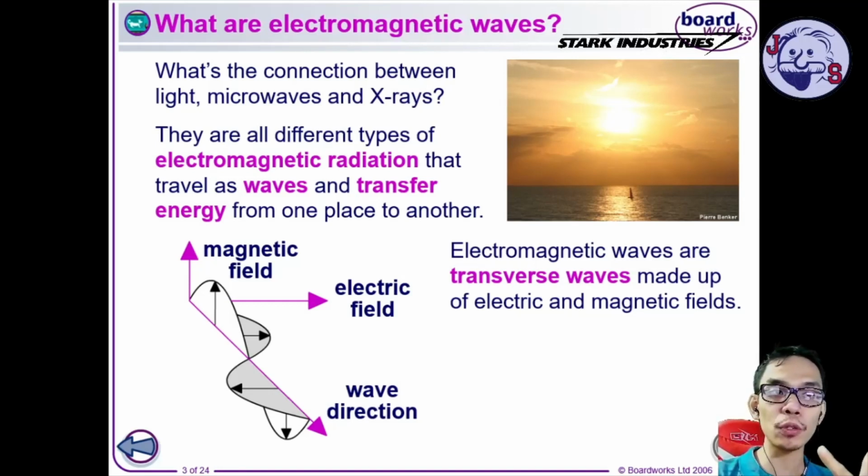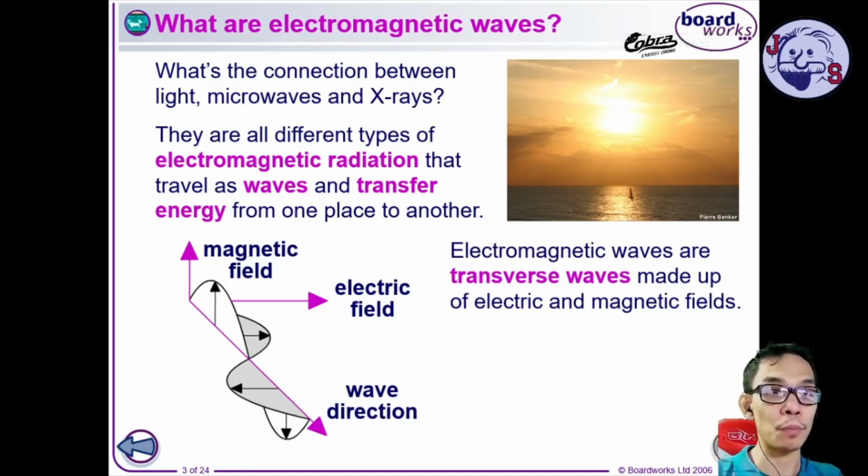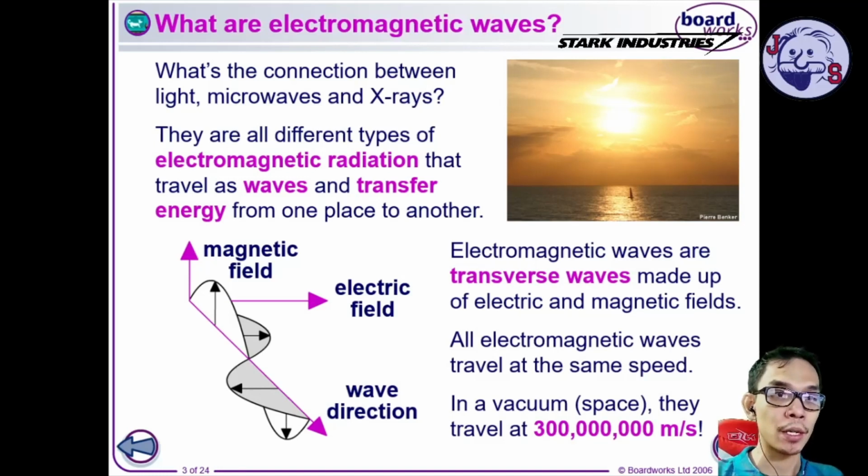These two are perpendicular to each other, and they also travel perpendicular to the wave motion, as you can see here. This is what a typical transverse wave looks like. Electromagnetic waves travel at a constant speed of 3 times 10 to the 8 meters per second, so it doesn't change.